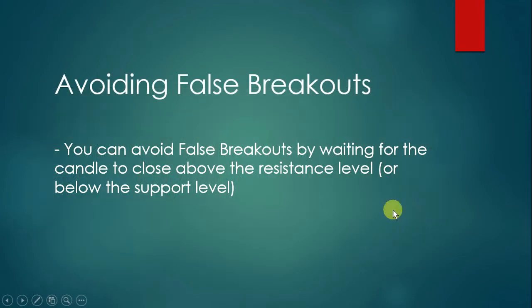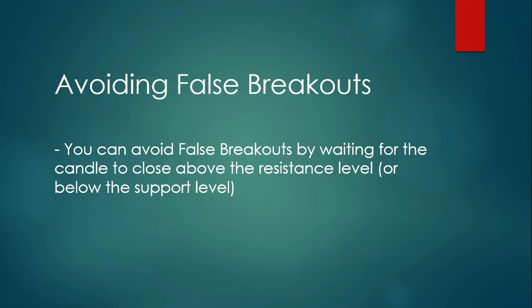Now, how would you avoid false breakouts? Obviously, being able to identify these levels and then trade their breakouts can be quite a successful strategy in itself. If you are going to trade a resistance breakout, when the price breaks a resistance, you're going to want to watch out for false breakouts. You can avoid false breakouts by waiting for the candle to close above the resistance level.